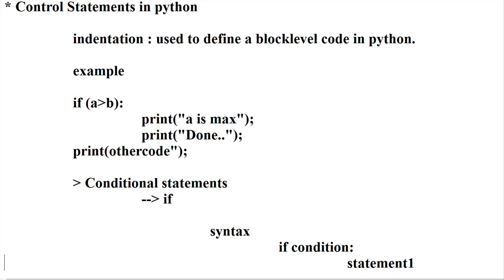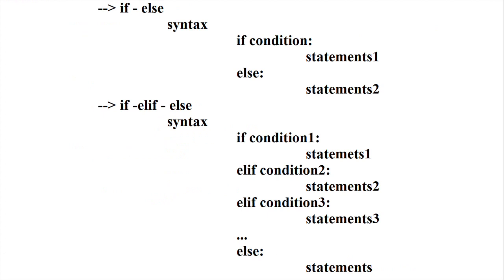Then the next one is conditional statement. The first one is if condition. Here we are seeing the syntax for if condition. That is, if the condition is true, then it executes statement 1. Then the next one is if else.